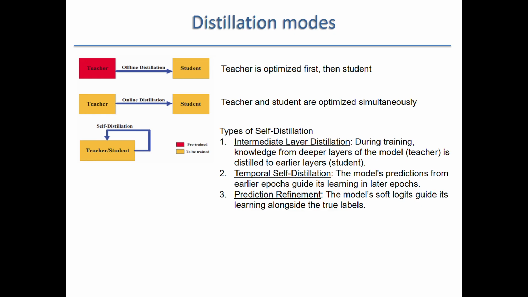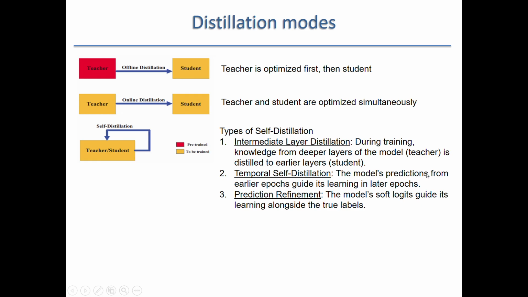This can be at the level of layers, so the deeper, later layers of the model are distilled to the earlier layers. The earlier layers are the student.